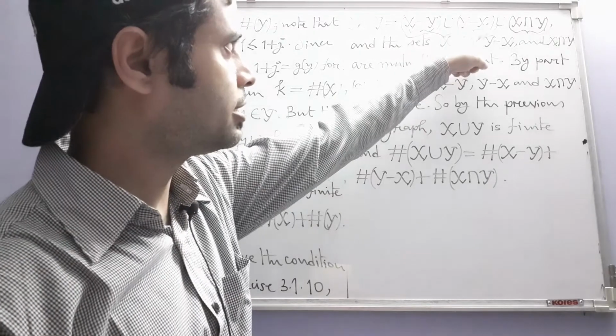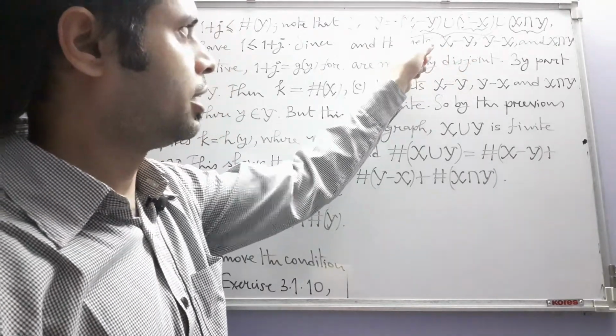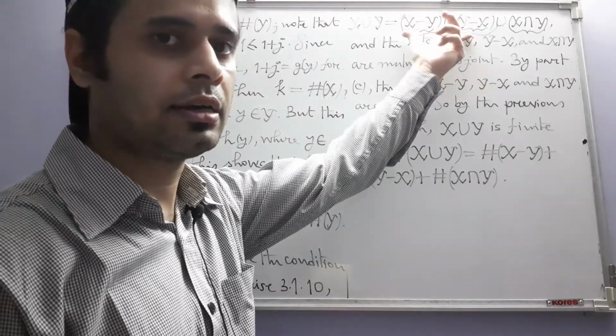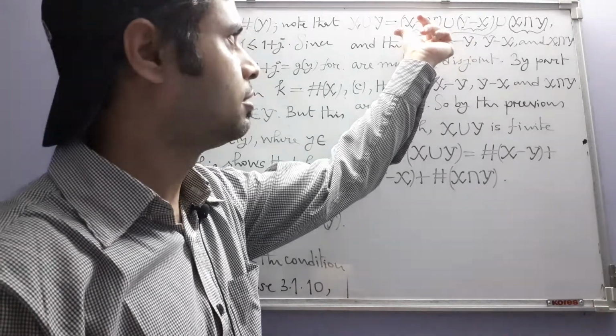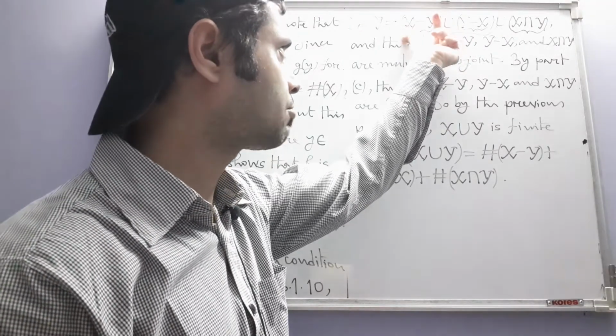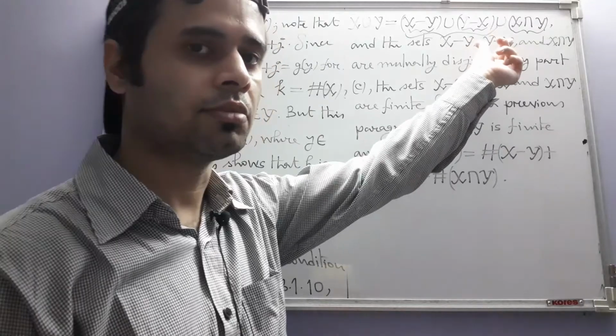Since these two sets are finite, their union is finite, and the cardinality of this union is the cardinality of the first one plus the cardinality of the second one.